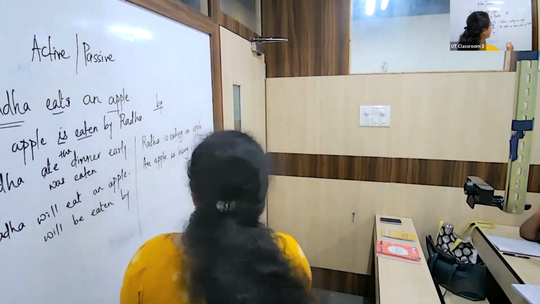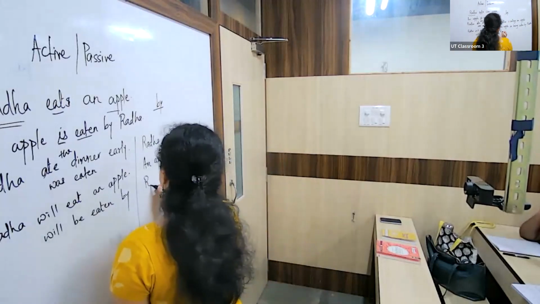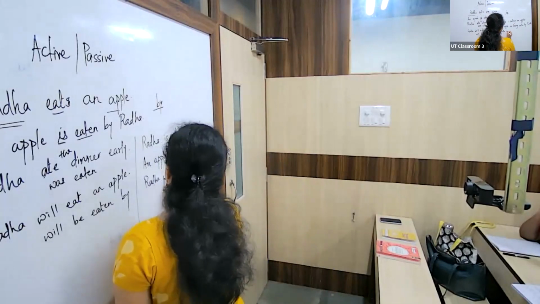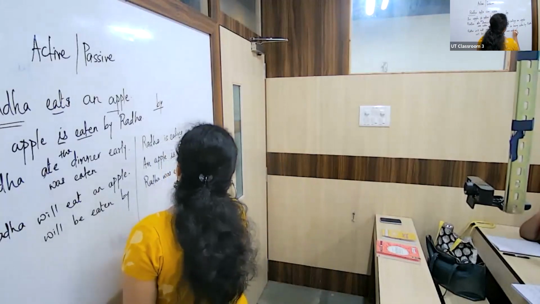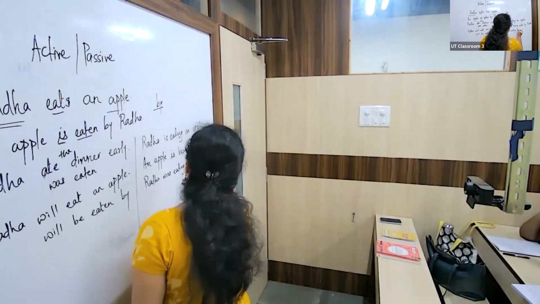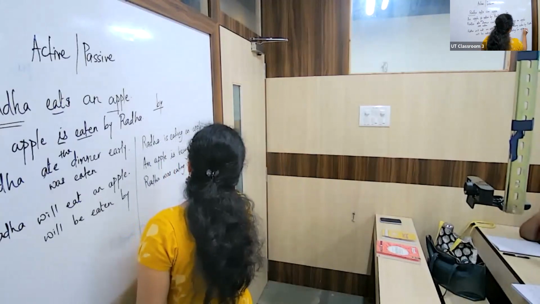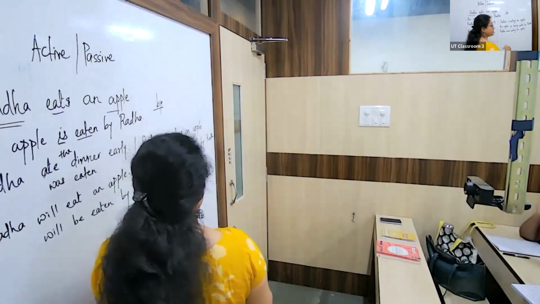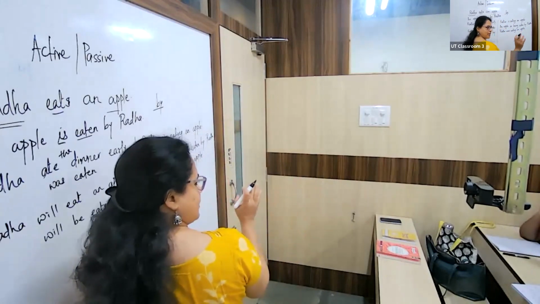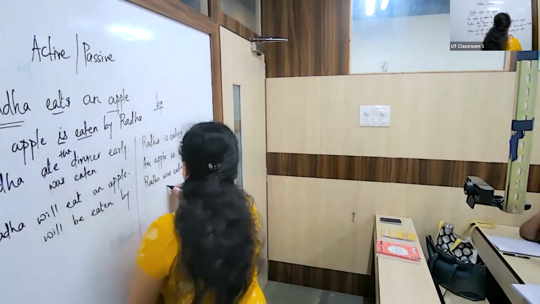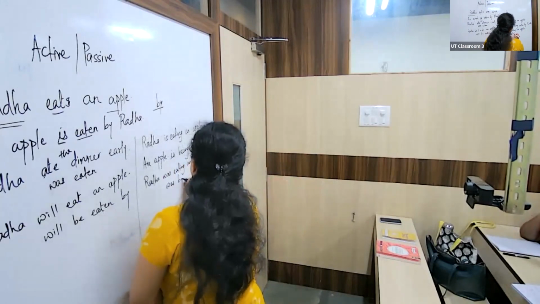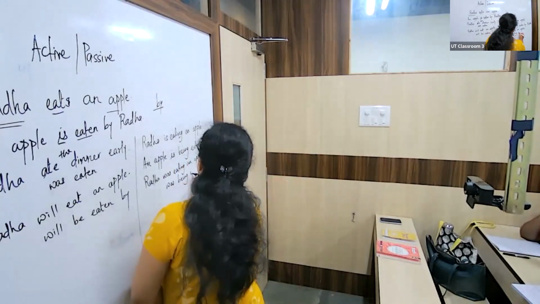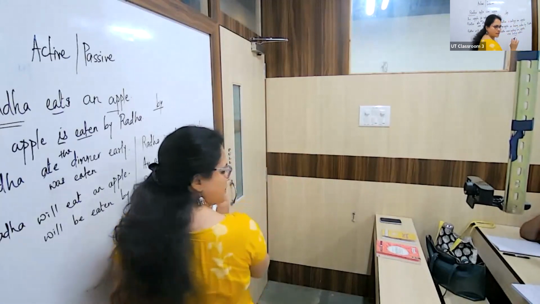Had it been Radha was eating an apple, then an apple was being eaten by. Very good. An apple was being, instead of this was.